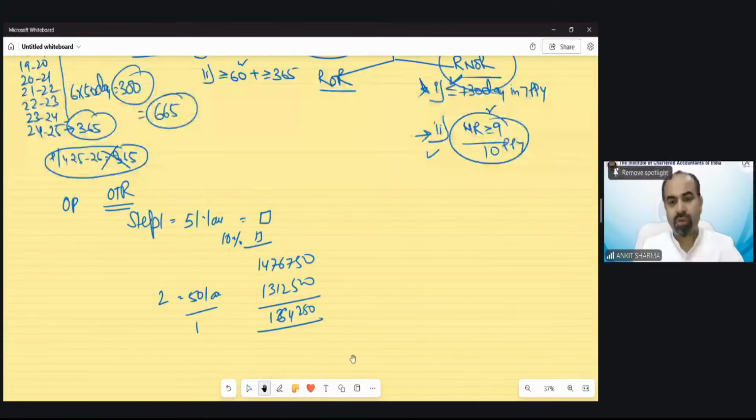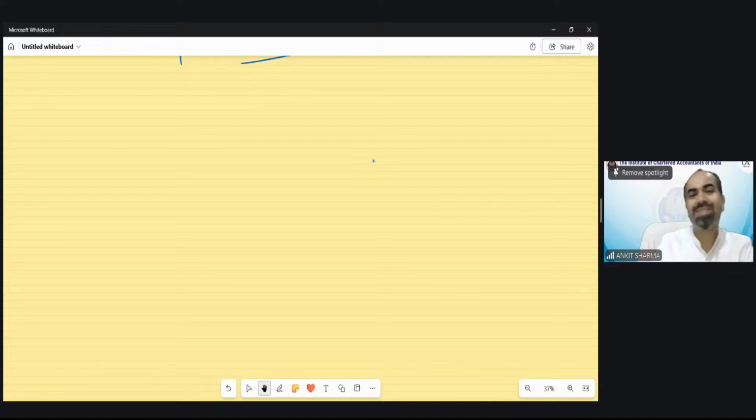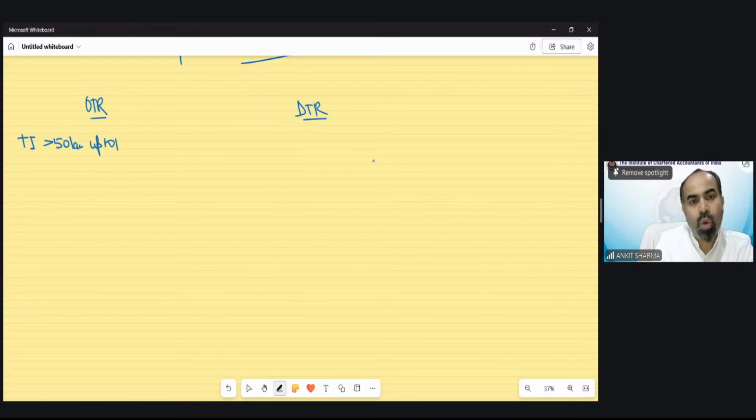Fine. So now I am going to discuss the surcharge provision. The surcharge concept we have discussed so far is like this: whether you are under the optional tax regime or the default tax regime, if total income exceeds 50 lakh up to 1 crore, the surcharge rate would be 10%, and the same is here.